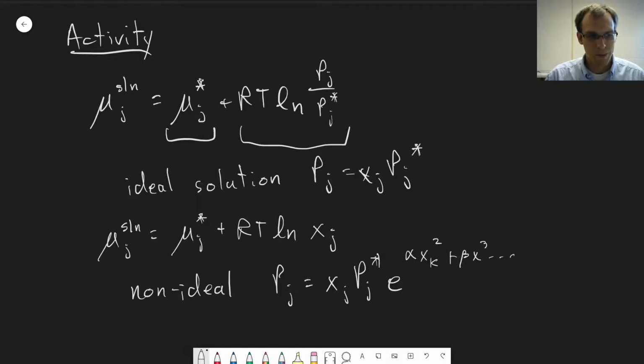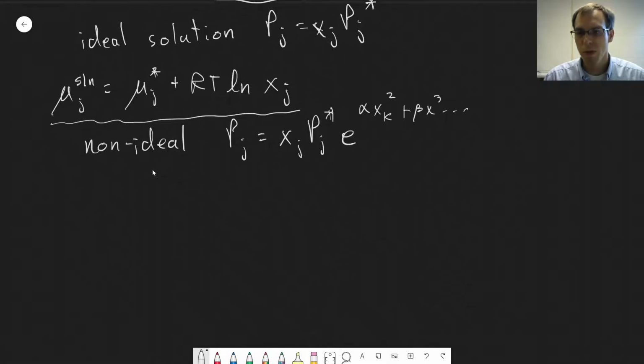But what we'd like is some function that, just like we did for fugacity, takes all the non-ideal behavior and incorporates it into a single variable that we can use to define our solutions.